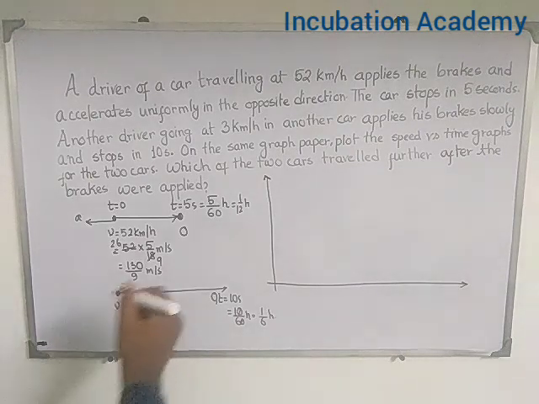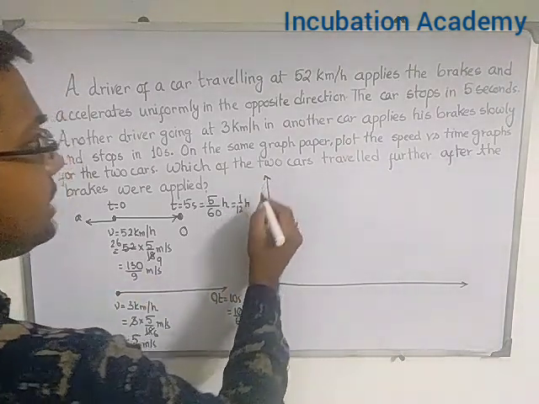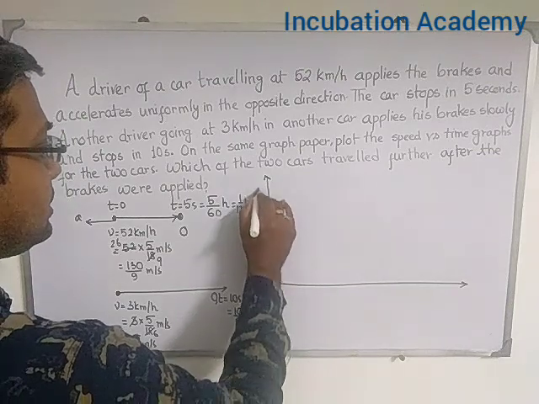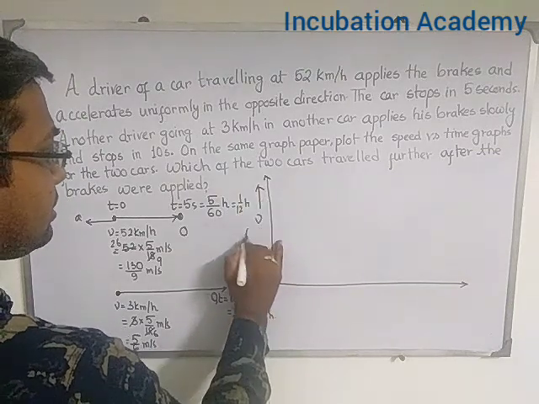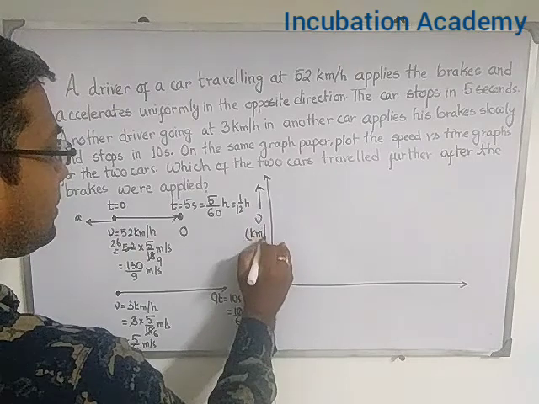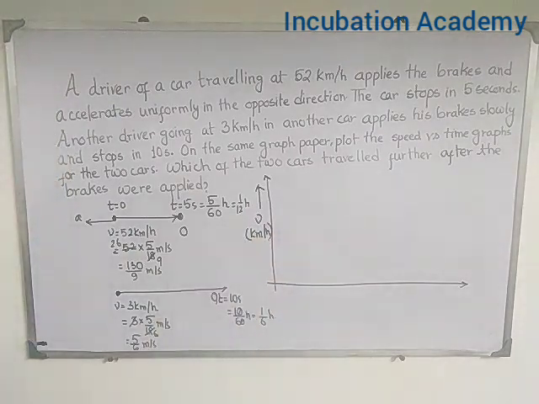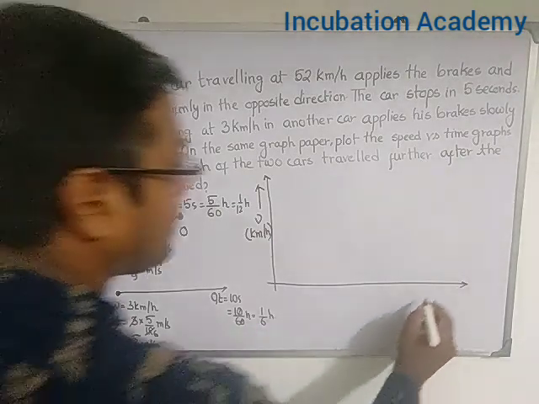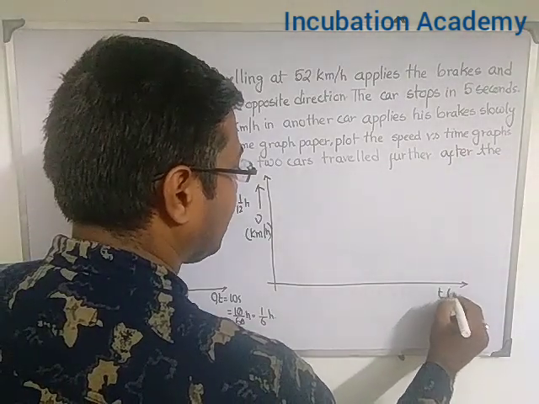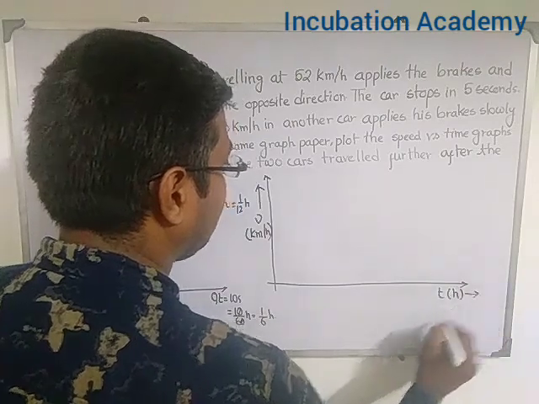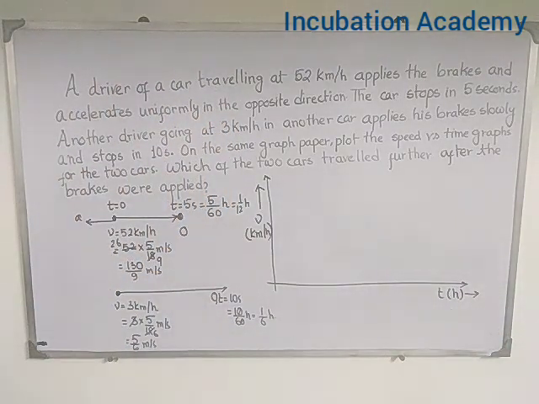So I am representing the speed here, and the unit that I have chosen here is kilometer per hour. The time axis, I have chosen to represent in hour, not in second.